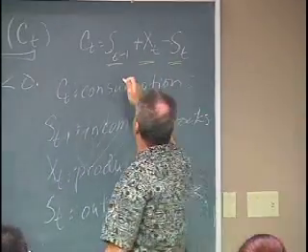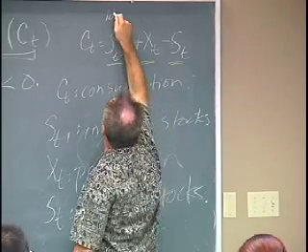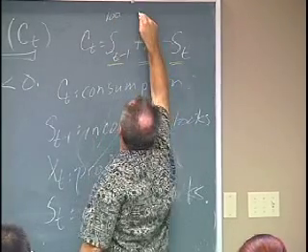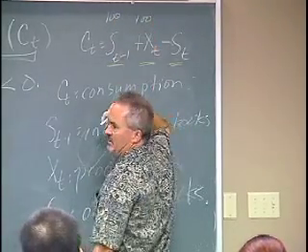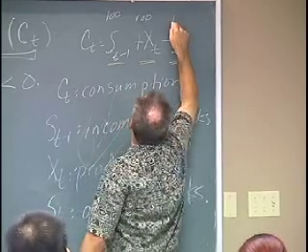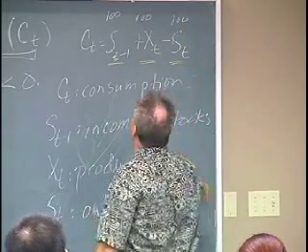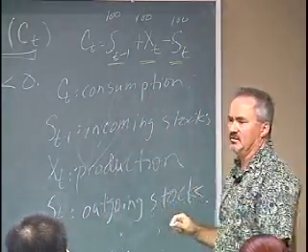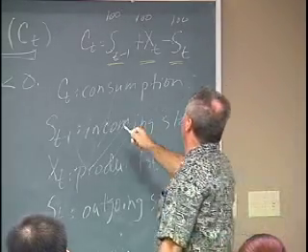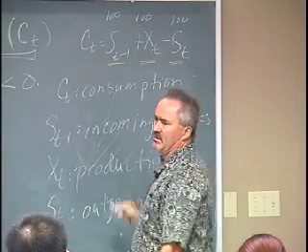So if incoming stocks are 100, and production is 100, and outgoing stocks are 100, then we must consume 100, right? We bring 100 in, we produce 100, we take 100 out.